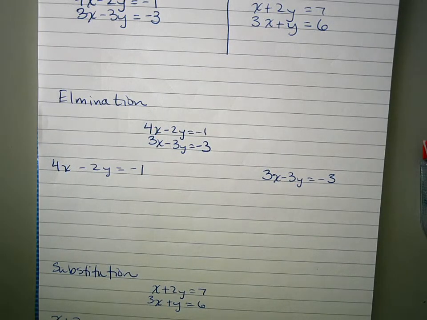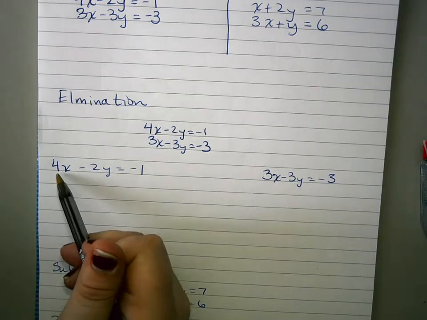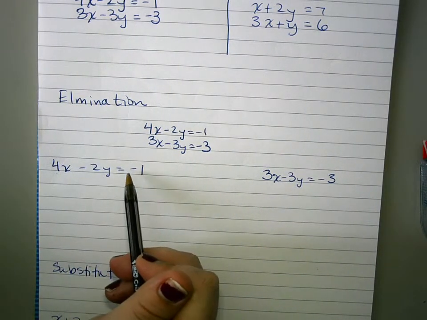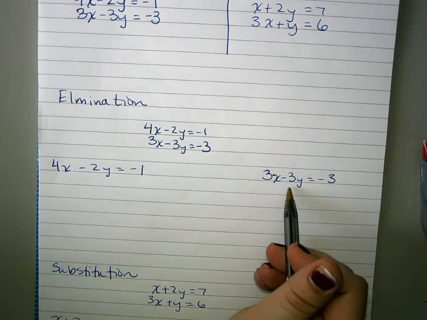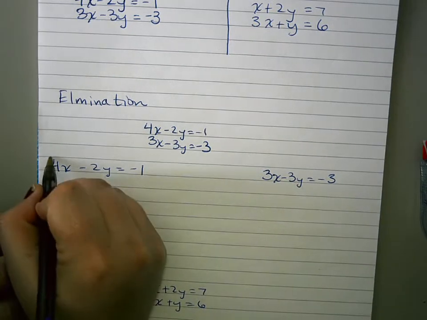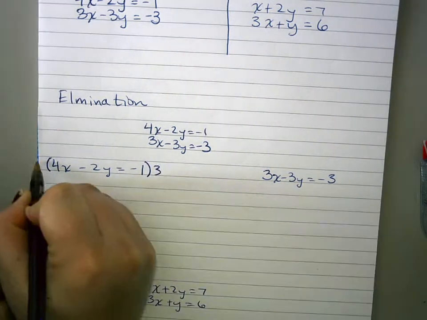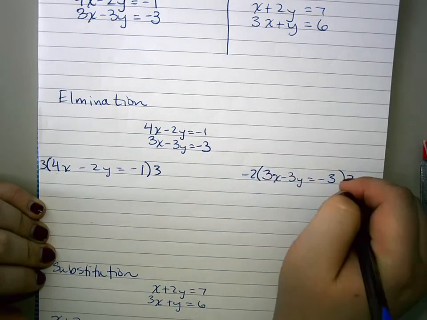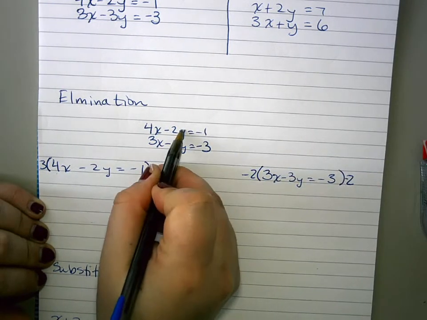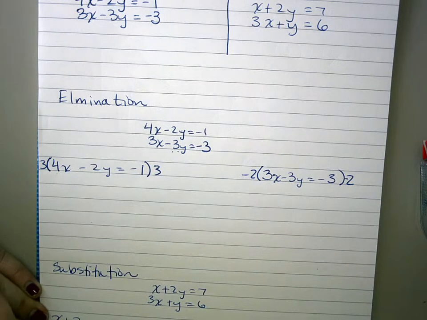And so if we multiply this one by 3 and this one by negative 2, then each of the y terms will have opposite coefficients.